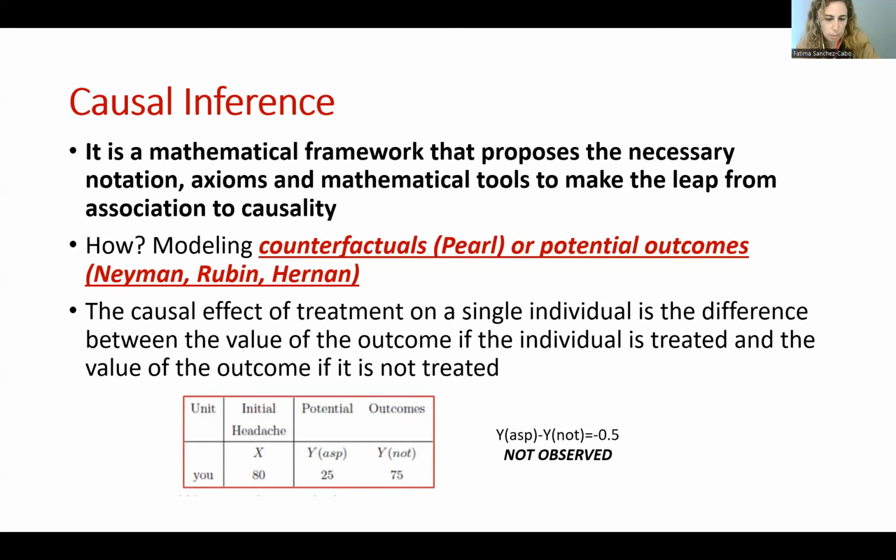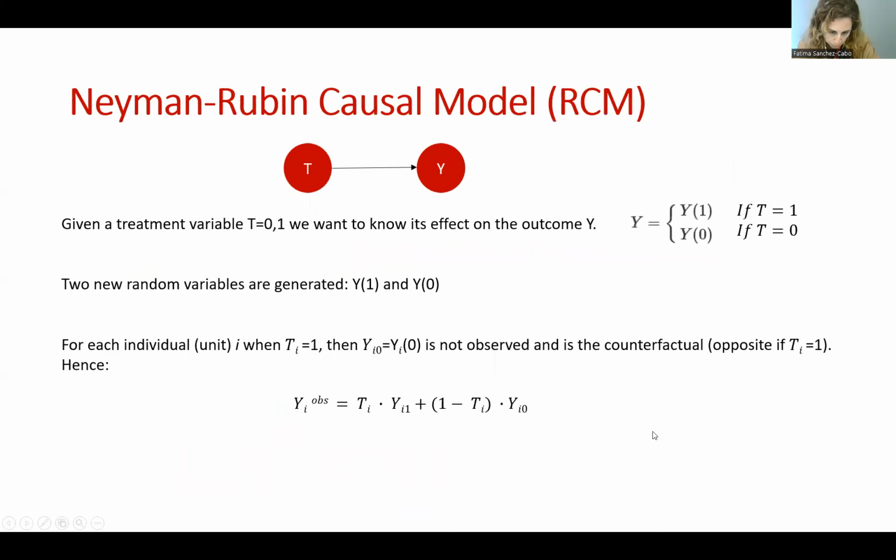If we had an experiment in which exactly the same person would take and not take aspirin at the same time with the same conditions, and we could observe the difference in the intensity of the pain, of course, it would be straightforward to decide if aspirin is the cause of the reduction in the intensity of the pain. We could calculate the treatment effect like this, but unfortunately, this is not observed.